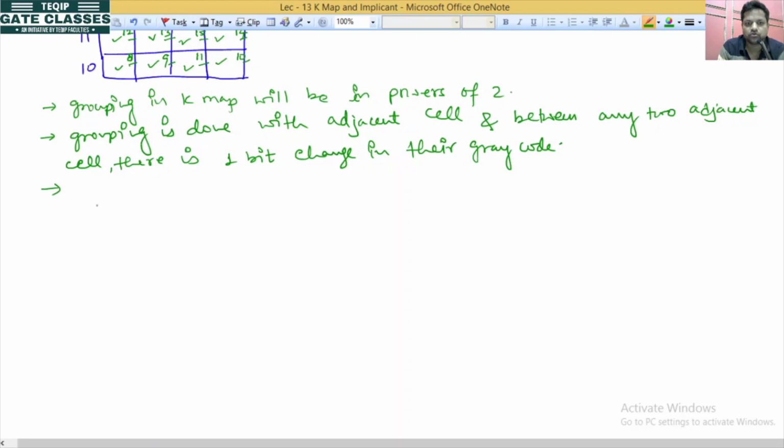Now what happens when all the cells of a K map are grouped?